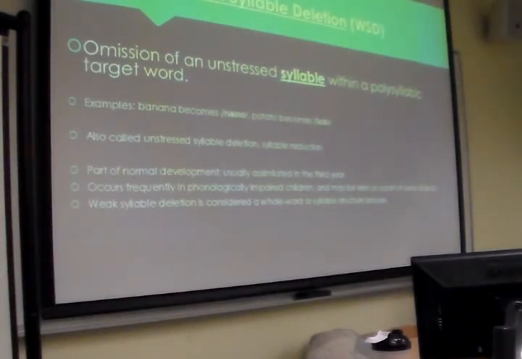If a child had both weak syllable deletion and final consonant deletion, and then like a case like Batman or Rainbow, would it just be like Bat and Ray? Yeah. And so that's what makes speech sample analysis really complicated, because if you don't know what they're referring to, there would be no way for you to know that they're doing weak syllable deletion.